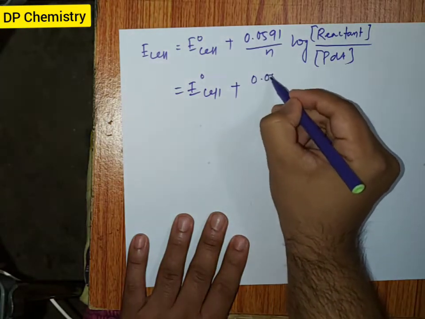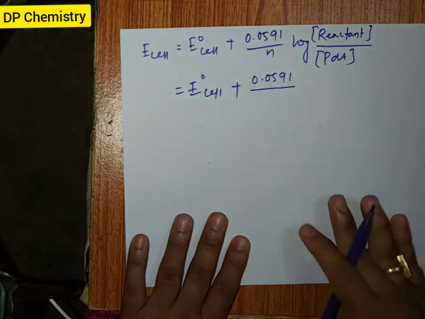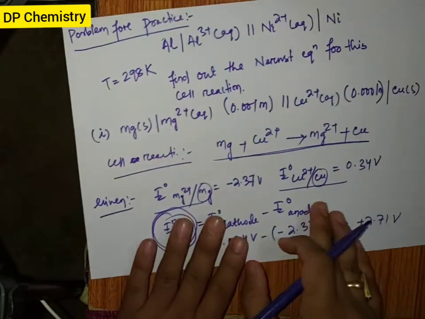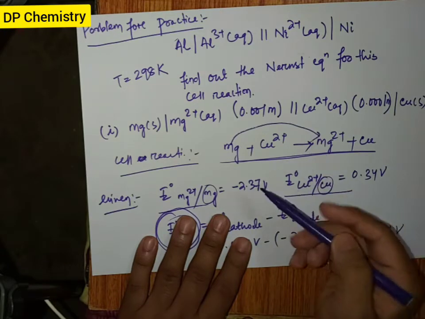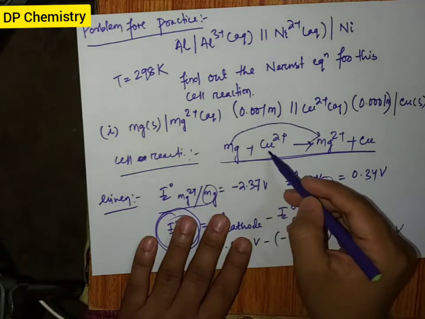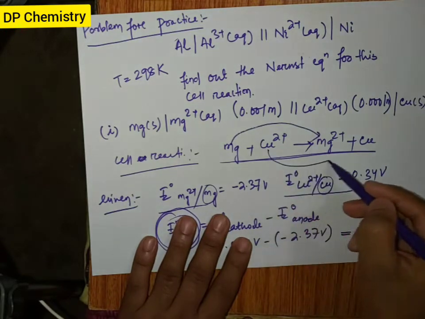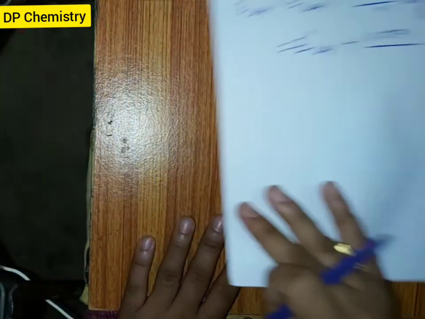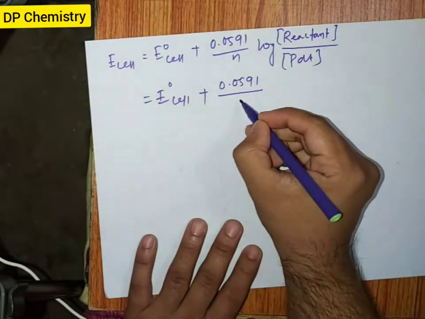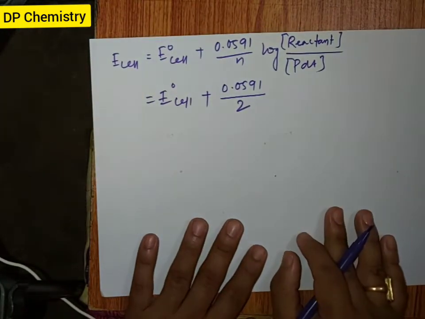So E naught cell plus 0.0591 by n, and the value of n will be 2 here, because Mg is losing 2 electrons to become Mg2+ and Cu2+ is getting 2 electrons to become Cu. So 2 electrons are used up here, and the value of n will be 2.